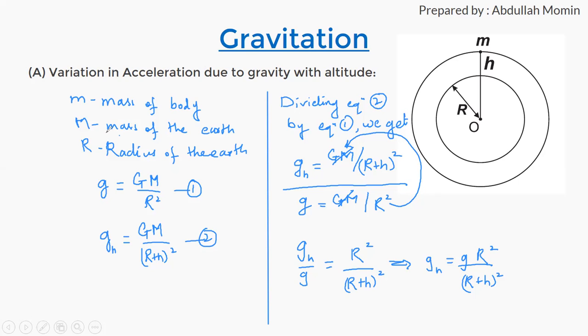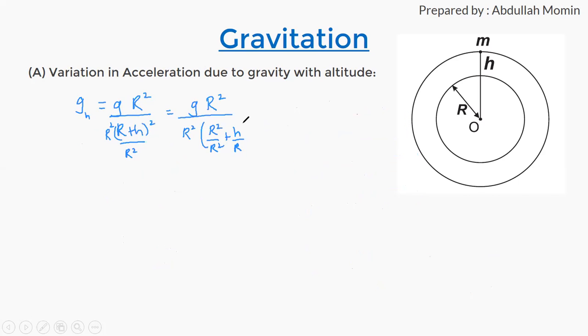So multiplying by R square and dividing by R square, we will get g R square divided by R square in bracket, R square upon R square plus h upon R whole square.